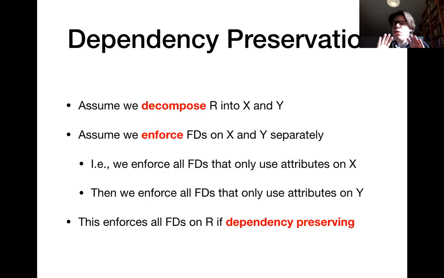So that is totally the right insight here. And that is exactly the reason why people are willing to relax the constraints of Boyce-Codd normal form, because it is indeed sometimes at odds with dependency preservation.